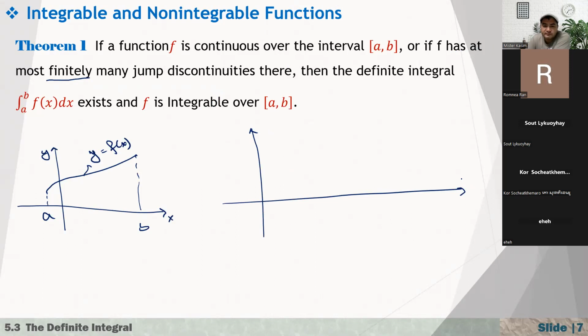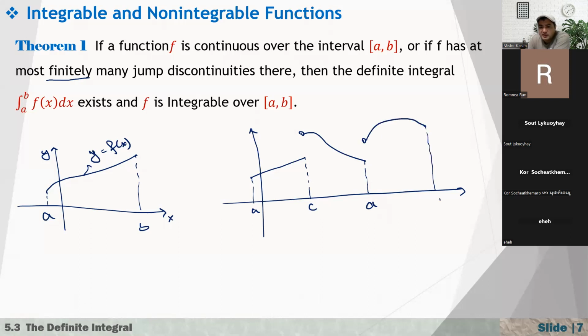Let's say we are given a function like this. This one is a, and this one is, let's say, c. Here we just continue from here, and this is another piece of the same function. Let's say this is d, and from here our function is something like this.